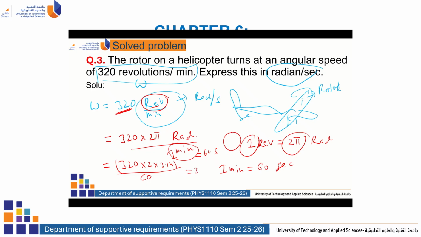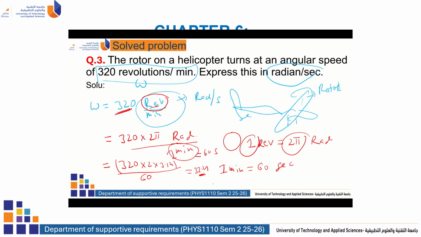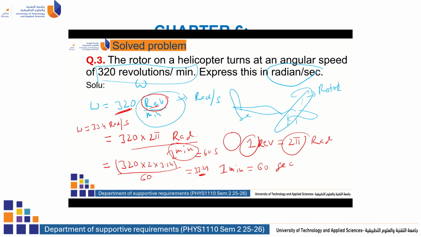So the value of omega here, the value of the angular speed, is 33.4 radian over second. This is the answer in terms of radian over second.